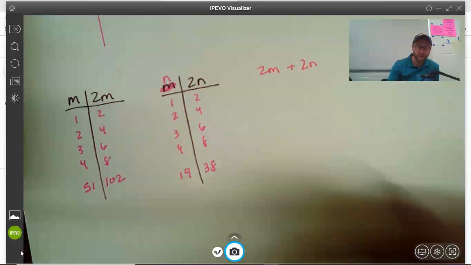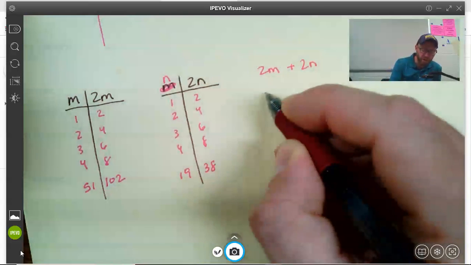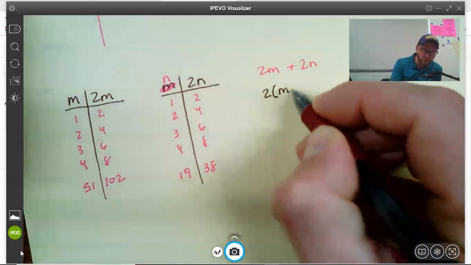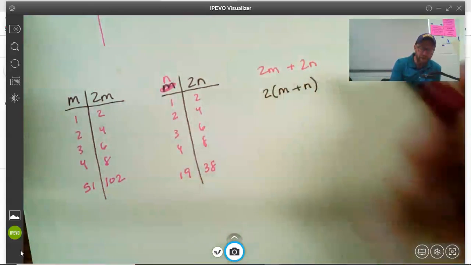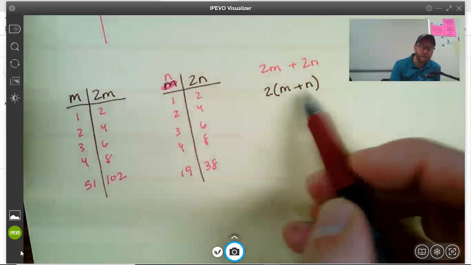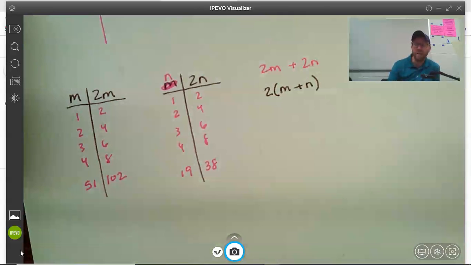Then I can use the reverse distributive property to write this as 2 times m plus n. And I'm claiming that this will always be an even number.